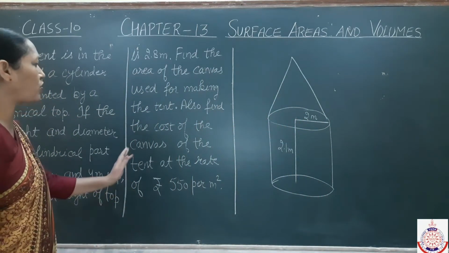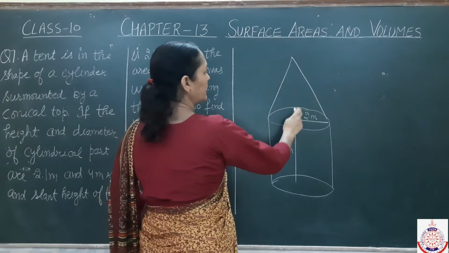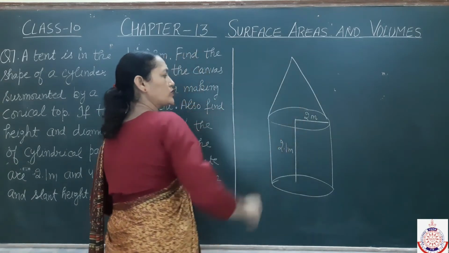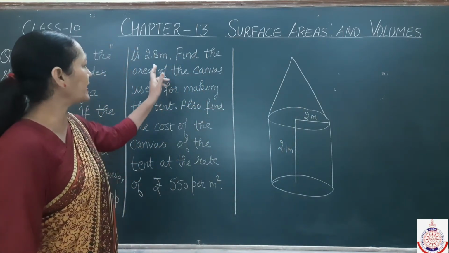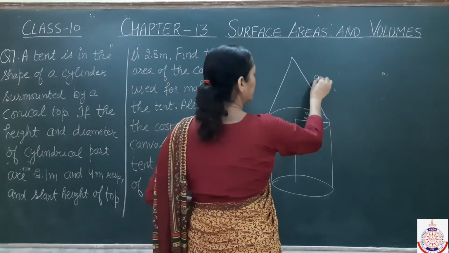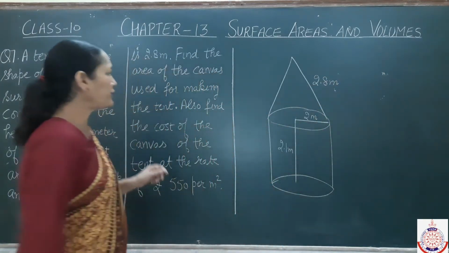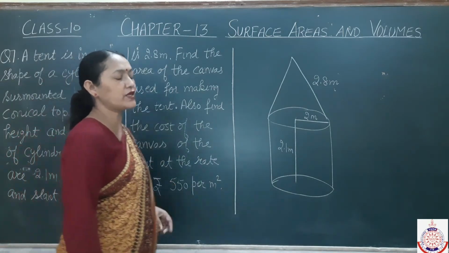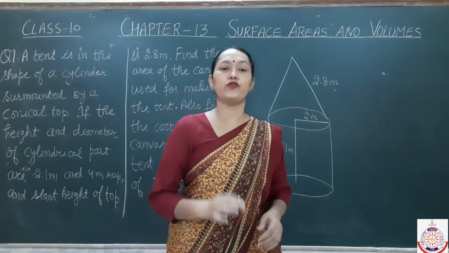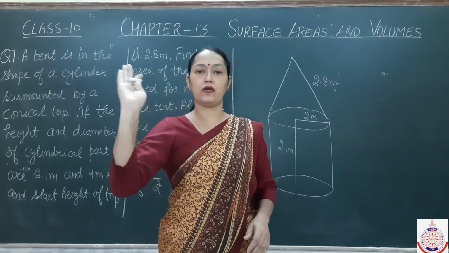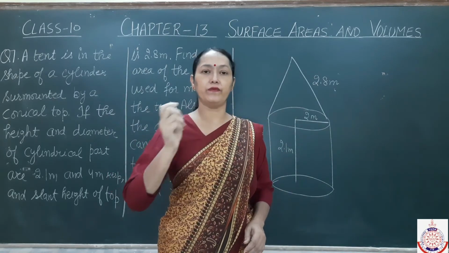And the slant height of the top, meaning this conical top. The radius for the cone is also 2 meter and the slant height is given to be 2.8. Now we have to find the area of the canvas required to make the tent. In case of a tent, only curved surface area is covered.